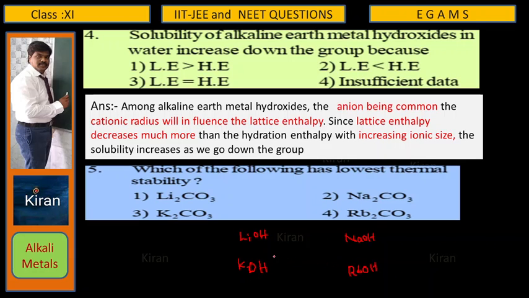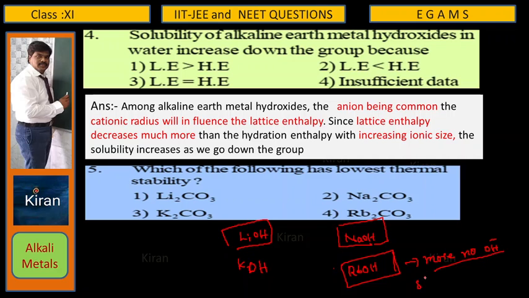In this case, which hydroxide is weak and which hydroxide is strong? When you place it in water, the base which releases more number of OH minus ions is a strong base. Remember students, when the cation size is high, the attraction between Rb and OH is very less.